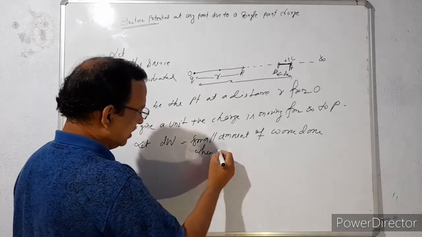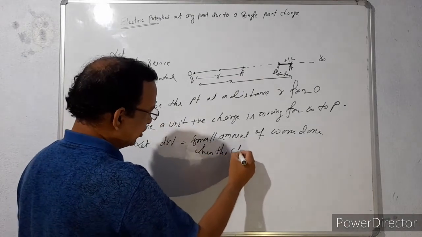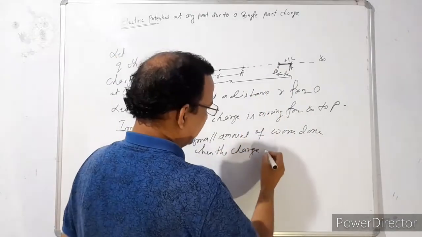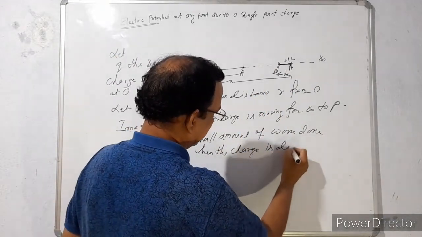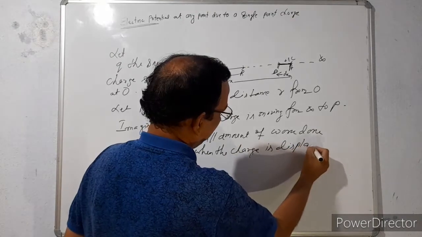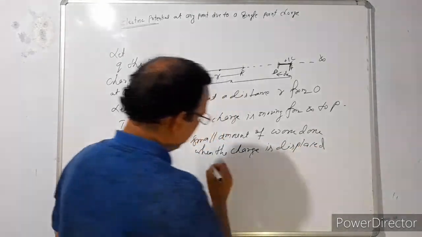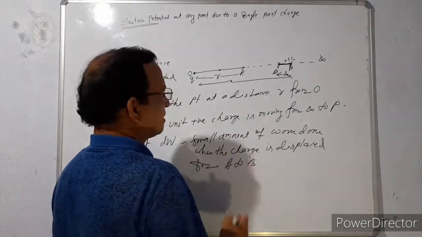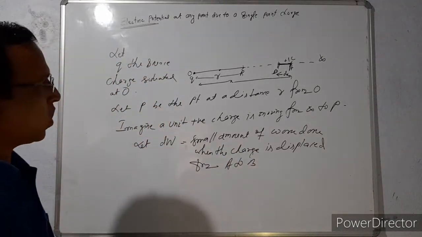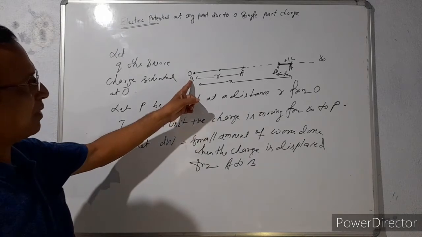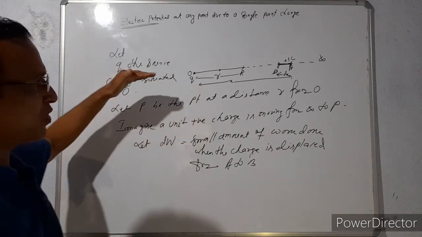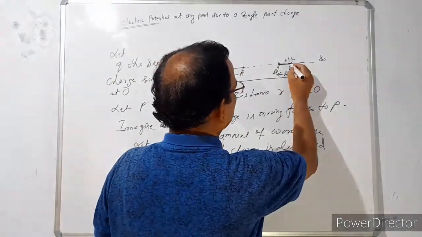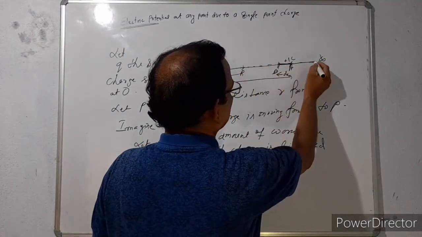When the charge is displaced, this is the test charge, displaced from A to B with a small displacement dx. The charge placed at Q produces an electric field, intensity E, in this direction.